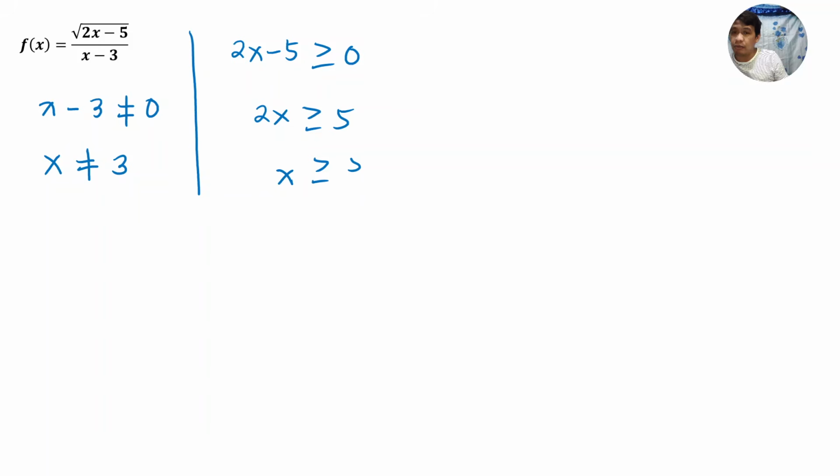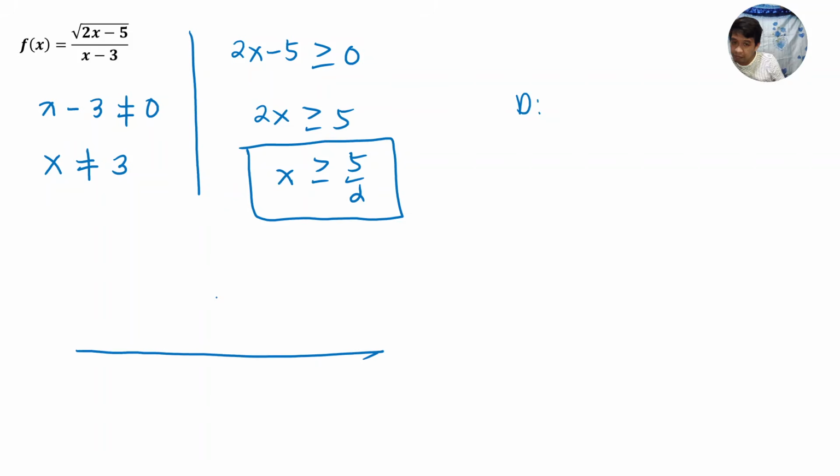So, again, if we look at this, the domain on the number line, if this is the number line and this is 5 halves, which is 2.5, and 3 is greater than 5 halves, which is supposedly defined at 3. So, I will just put a hole at 3, and all the rest are included.